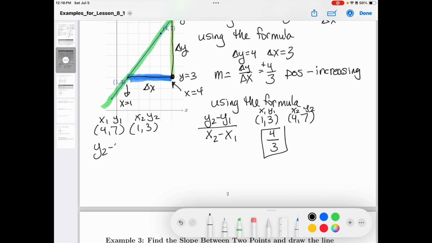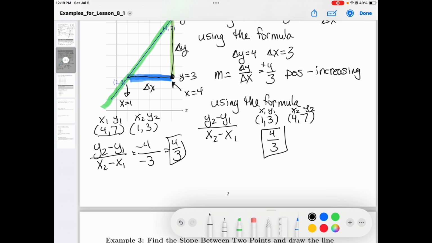So let's do the change in y over the change in x. So this time we're taking 3 minus 7 because we're doing y2 minus y1. So 3 minus 7, that's a negative 4. And then I take 1 minus 4, that's a negative 3. And a negative divided by a negative is a positive. So I get the same thing.